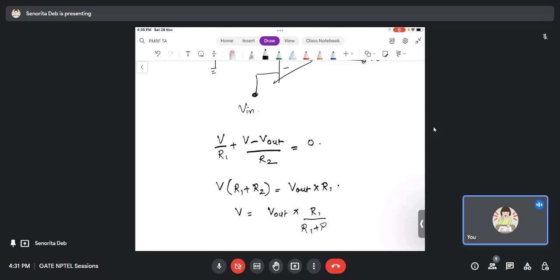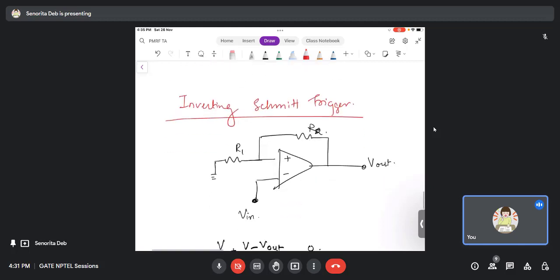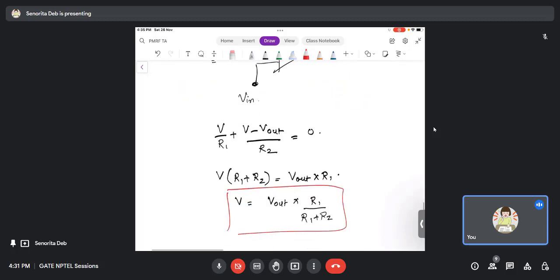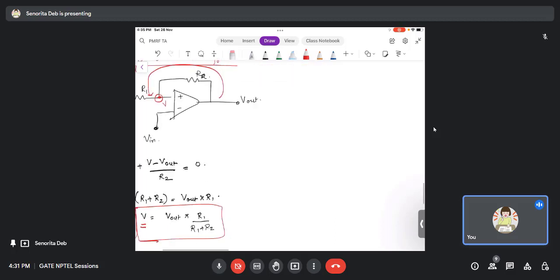This is a pretty simple thing to understand. What was difficult to understand is what I already explained. What are we doing? We are getting some V out and we are just feeding it back to this terminal. And whatever is coming, we are simply comparing it with V in. So when you solve this KCL equation, you actually get what is being fed back. So V is what is being fed back, which is V out into R1 by R1 plus R2. And that is what you compare.